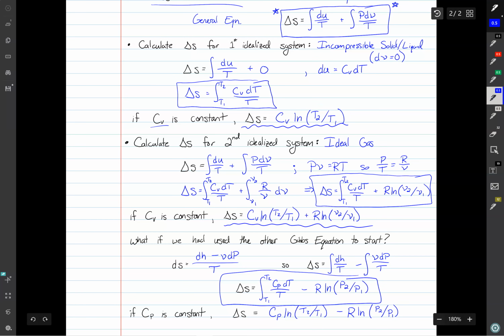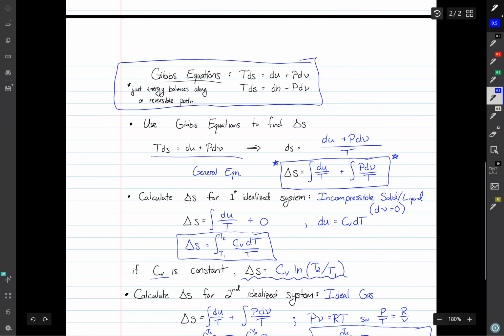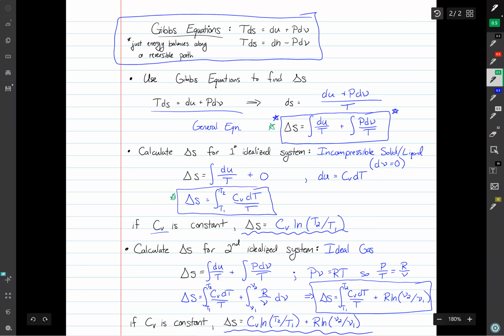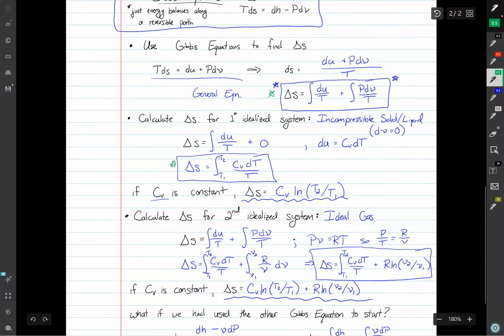The thing to remember, and the thing that's going to be hard to keep track of with all of these, is when each one applies. So up here, we have our general equation, which is true. And then down here the second one for incompressible solids or liquids.